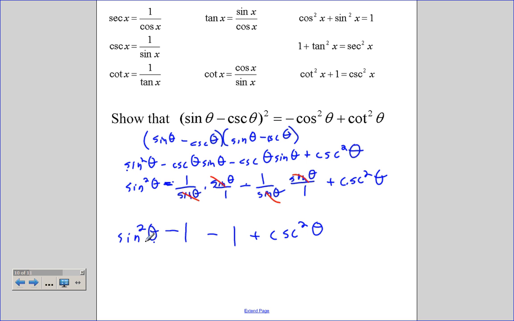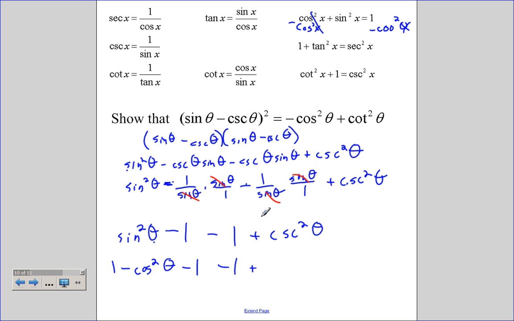All right, we want to convert this into something that looks like this. How does sine squared get to negative cosine squared? Well, I could subtract cosine squared from both sides here, and it would be sine squared theta is 1 minus cosine squared theta. So this thing is 1 minus cosine squared theta. Cosecant squared theta is cotangent squared theta plus 1.